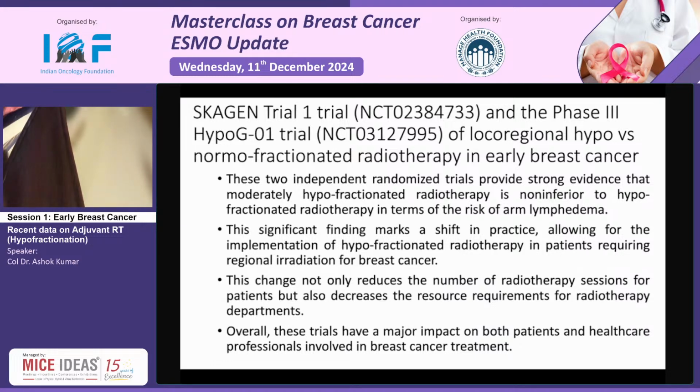Secondly, the significant finding was the shift in the practice, allowing for the implementation of hypofractionated radiotherapy in patients requiring regional radiation of the breast cancer. Now, this change not only reduces the number of radiotherapy sessions for patients, but also decreases the resource requirement for radiotherapy departments in busy radiation oncology settings. And finally, overall, these trials have a major impact on both patient and healthcare professionals in breast cancer treatment management.